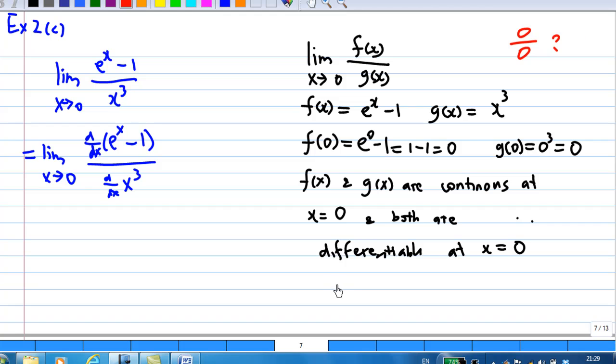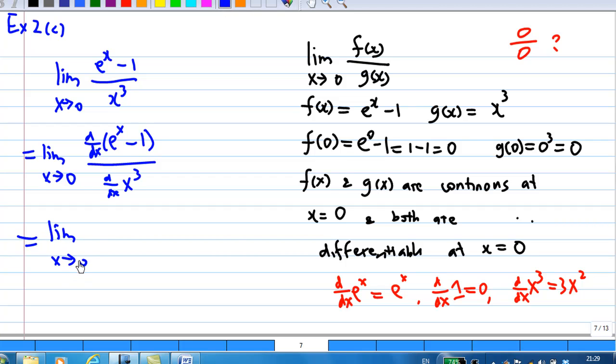But we know the differentiation of e to the power x will give you e to the power x. Differentiation of 1 is 0. Differentiation of x cubed is 3x squared. And this will give us the answer as the limit as x goes to 0 of e to the power x over 3x squared.